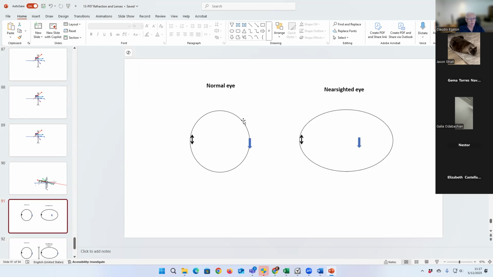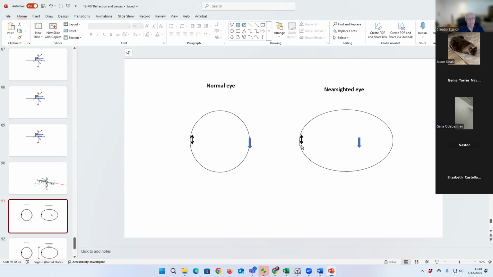Okay? But if you're someone just like me, I have a very nearsighted eye. The eye becomes very elongated. It has nothing to do with the lens, it has to do with the shape of the eye. And opticians can see that when they examine you, okay?